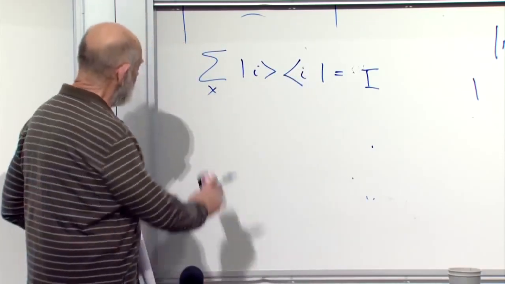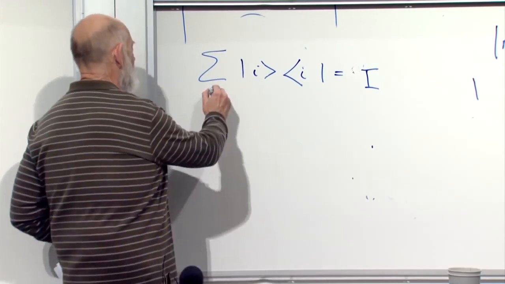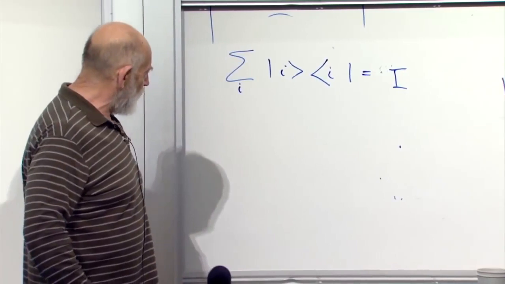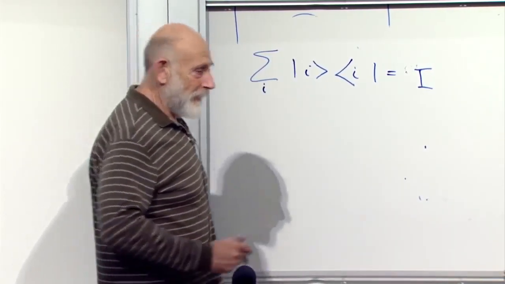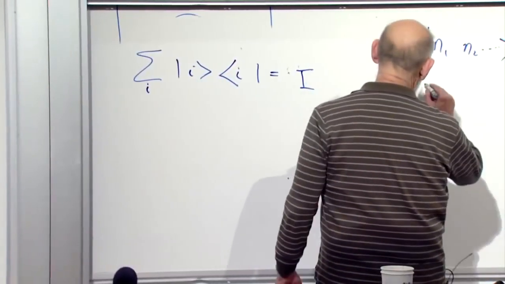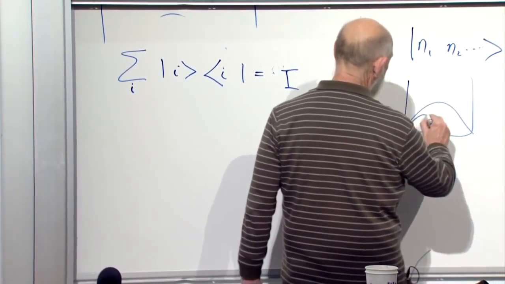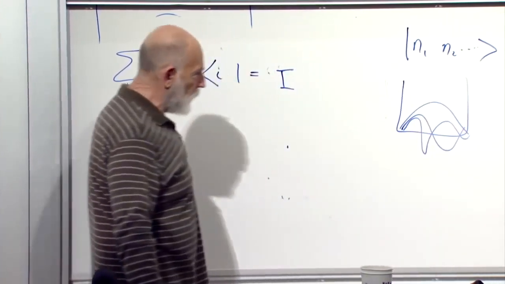Sum over I. As usual, about this time at night, I start making mistakes. I was just about to make a mistake, but I caught myself. What are these I's? Do you remember? They're the one particle states, the ones which look like this. Psi 1, psi 2, psi 3, psi 4, and psi 5, and so forth.